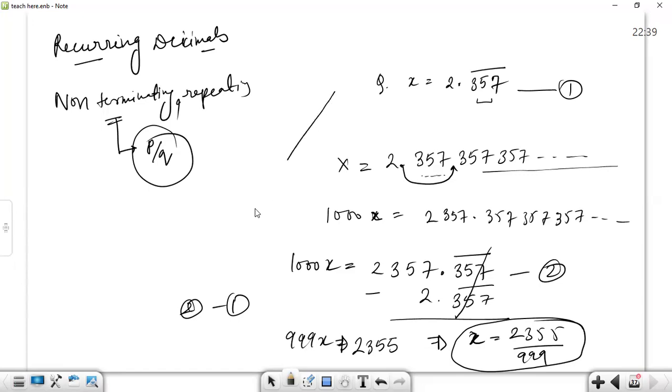Now please observe all the steps once again.